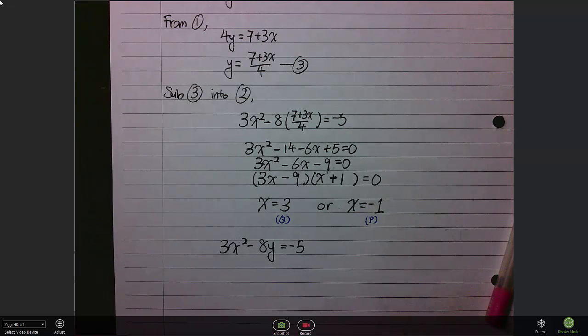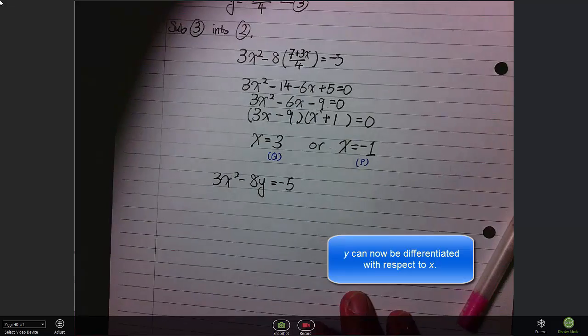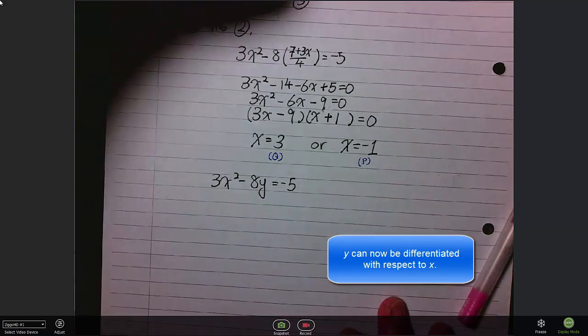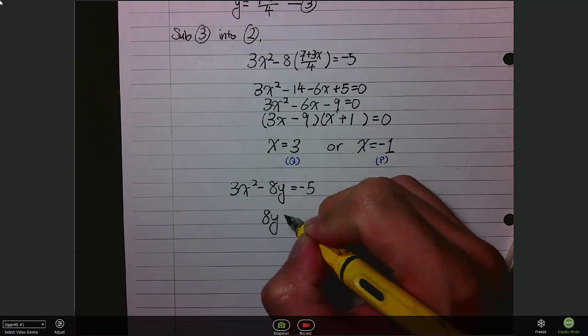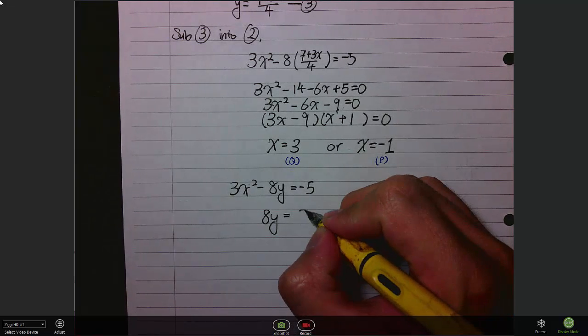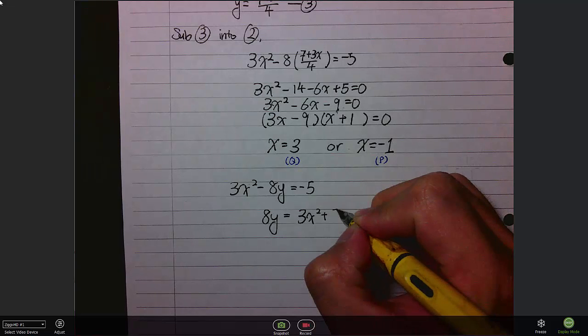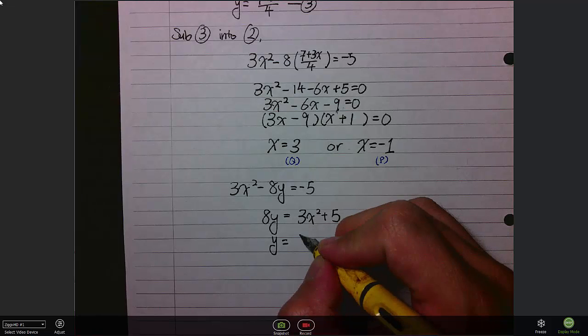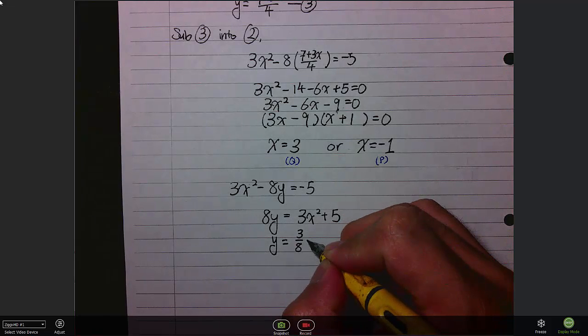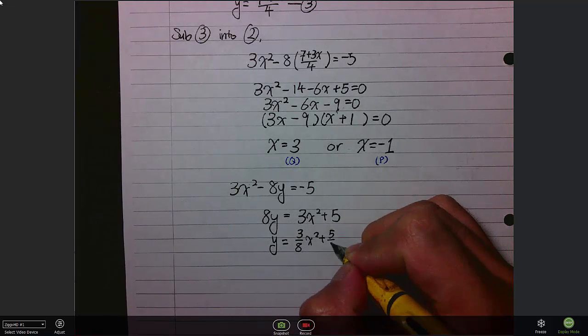I will manipulate my equation. So what I get is 8y equals 3x squared plus 5. Then if I simplify, y equals 3 over 8 x squared plus 5 over 8.